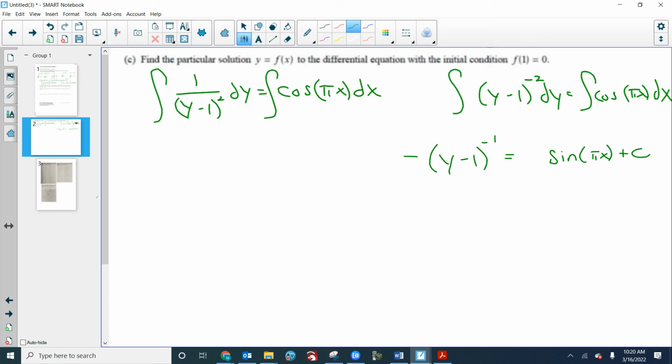I don't have a pi. Put 1 over pi. I don't think you need u substitution there. If it makes you comfortable, okay, if it allows you to sleep at night, understand. You ready to solve for y? You all right, Gavin?